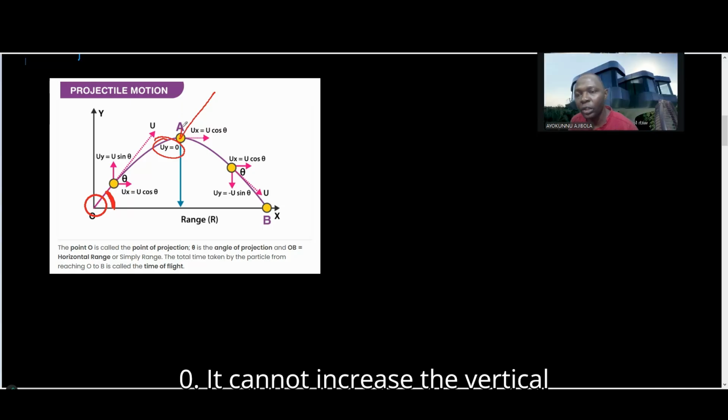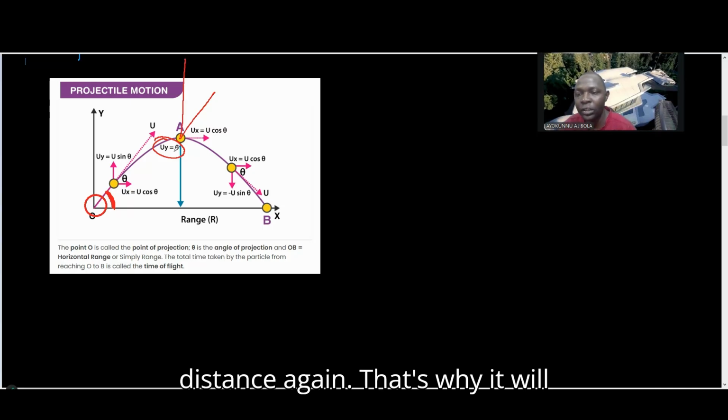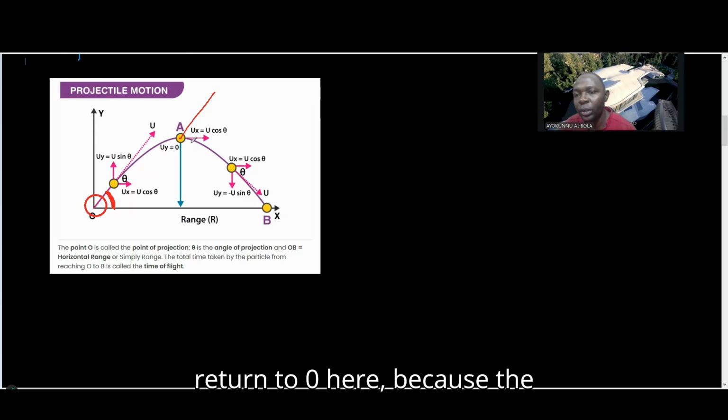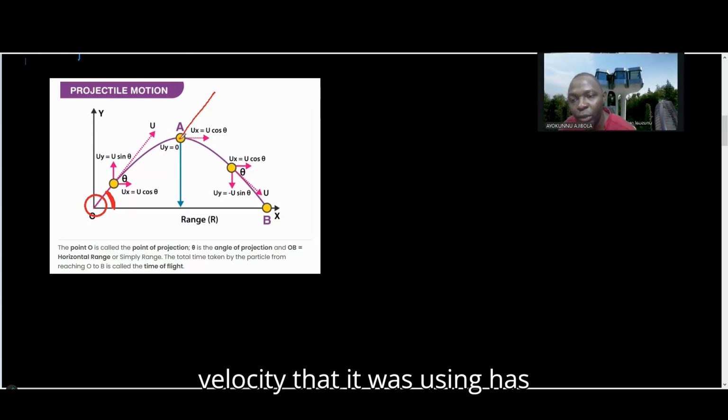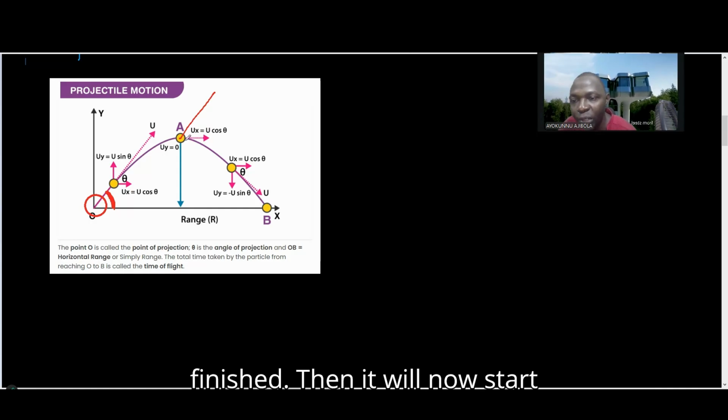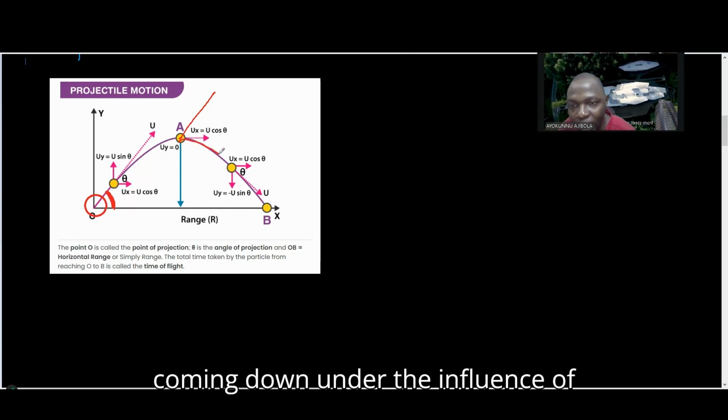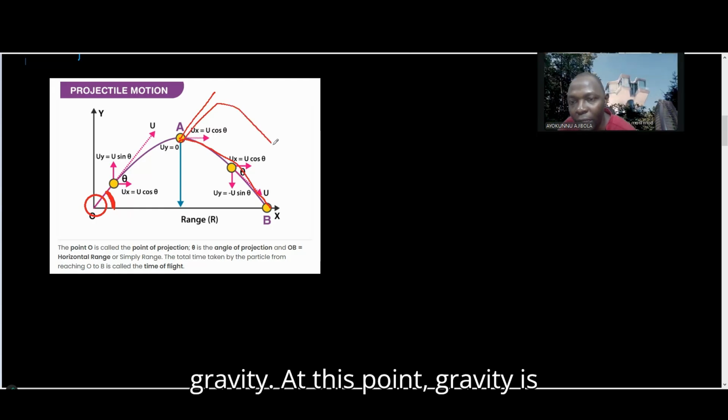It cannot increase the vertical distance again, because the velocity that it was using has finished. Then it will start coming down under the influence of gravity. Is that clear now?